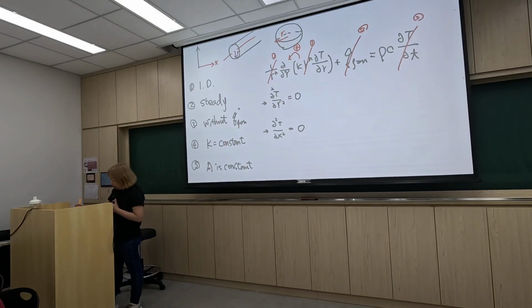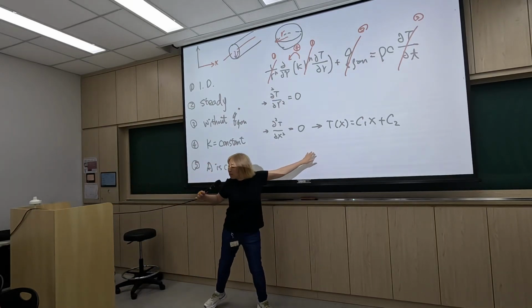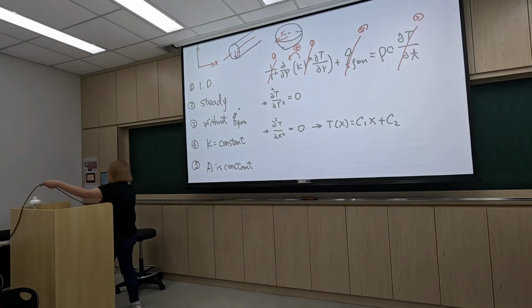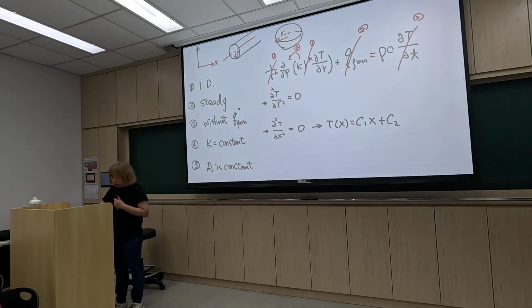If you just do the second integration, then T(x) should be C1x plus C2. Then this is linear, okay? If you don't believe it, do the two integrations, and the equation looks like this. This is the most basic.